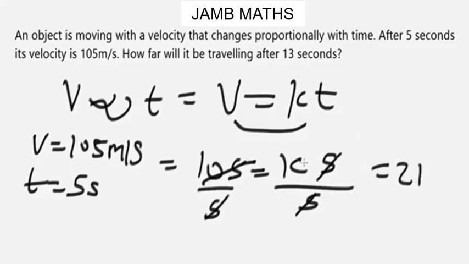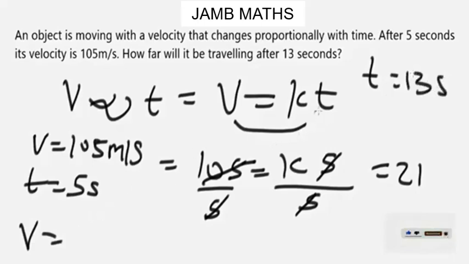That's the constant k. Now to find how far the object will be traveling after 13 seconds, since we now have the constant k, we're now looking for v. The velocity after 13 seconds, so t will be 13 seconds.